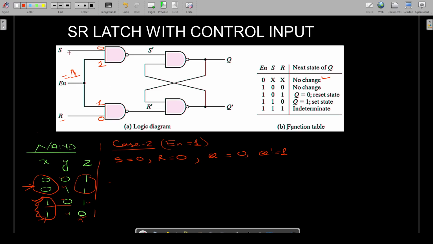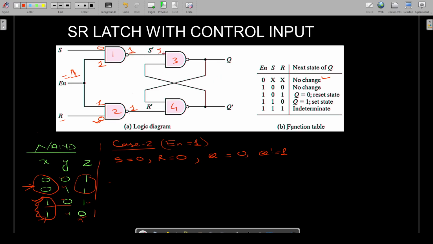So if S equals 0, the NAND gates 1, 2, 3, 4, let me write. For NAND gate 1, if one of the inputs becomes 0, obviously the output becomes 1. We need not check the other. In this case also, one of the inputs is 0, so the output is 1. And in the previous case, we just discussed, if the value 1 appears here, then the rest of the circuit is going to behave as a memory.